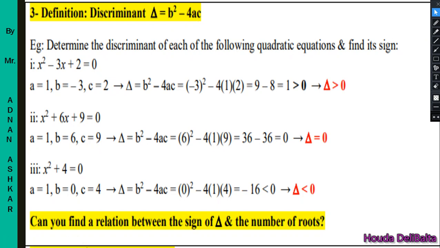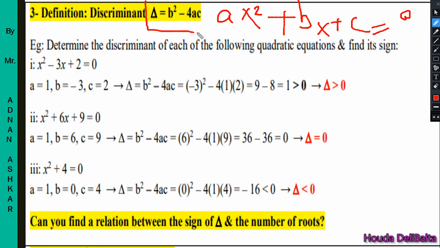Remember, the quadratic equation has the form ax squared plus bx plus c equals 0. So delta, this discriminant, is equal to b squared minus 4ac. That should be memorized very well. So delta equals b squared minus 4ac.